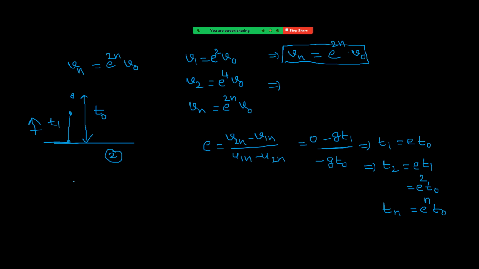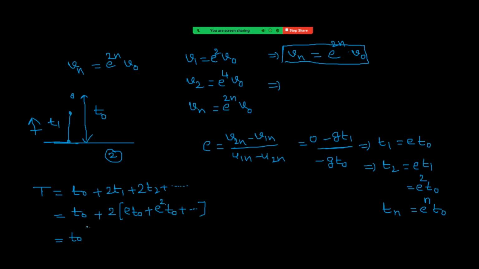Now take that result here. Time taken equal to t naught plus 2t1 plus 2t2 and so on. Right, now what we can do is t naught plus take 2 outside, in the place of t1 it is e t naught, in the place of t2 is e square t naught plus and so on. Take a t naught outside.